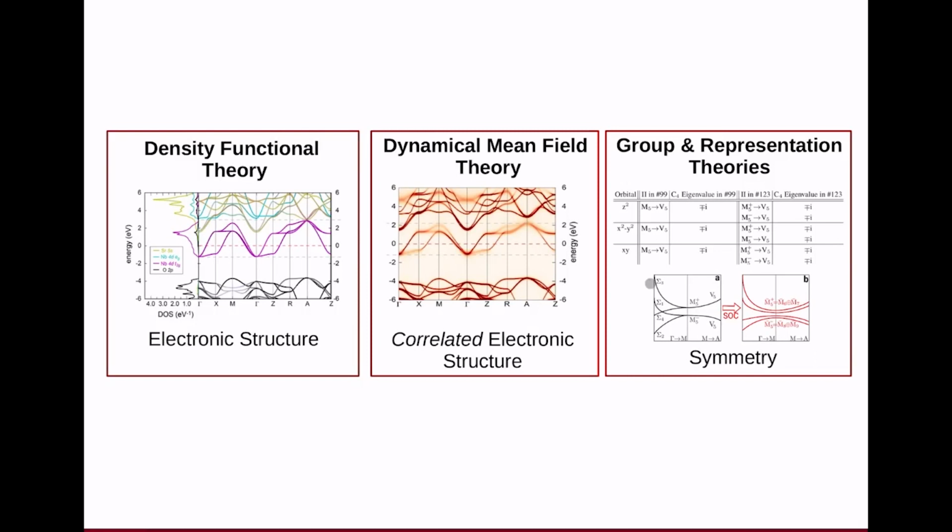Instead, I'm going to tell you about this third method that I list here. It's the group and representation theory. Group theory is a subfield of mathematics. And it turns out, this was discovered in the early 20th century, that group theory gives a very formal and a very powerful set of tools if you want to study the symmetry of a system.